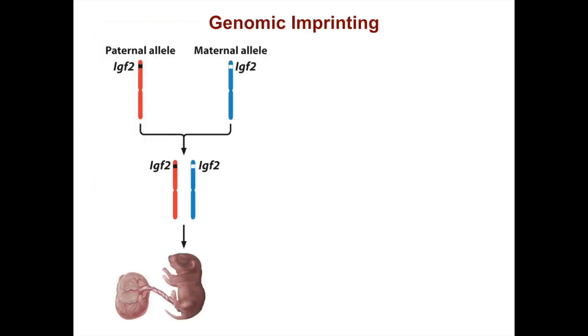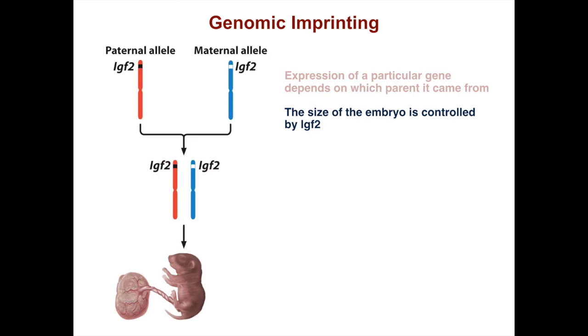Genomic imprinting is another example of maternal effect or paternal effect. Expression of a particular gene depends on which parent it came from. In the case depicted on the left, the size of the embryo is controlled by a gene, IGF2. The IGF2 allele from the male parent is expressed.